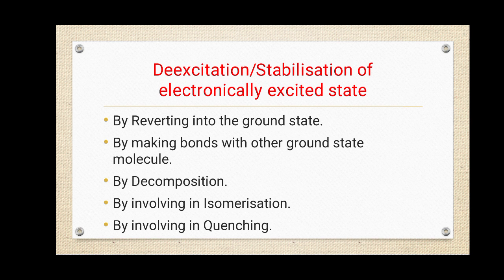By this method, the molecule may just come again to the ground state or be involved in a photochemical reaction. The second method is by making bonds with another ground state molecule, so the molecule in the excited state may use the extra energy to come again to the stabilized form.